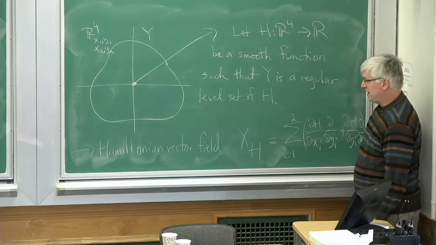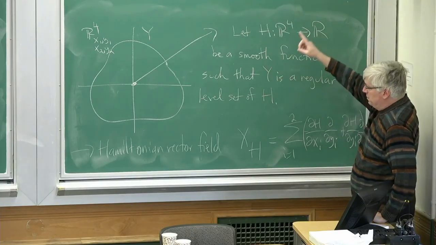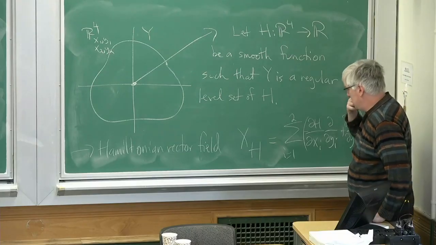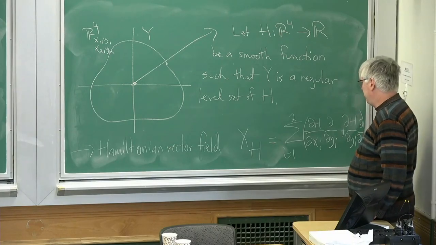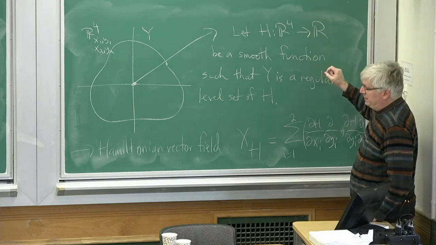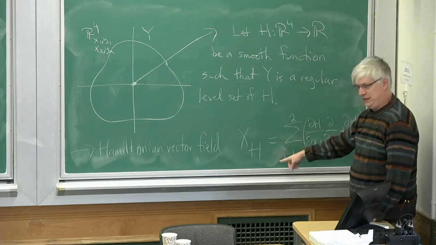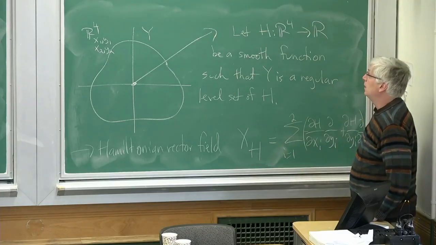And then in Hamiltonian mechanics, if x1 and x2 are position coordinates and y1 and y2 are momentum coordinates, then classical mechanics says that if your point in R4 represents a state of a physical system, then it will evolve in time by following the trajectory of this vector field.